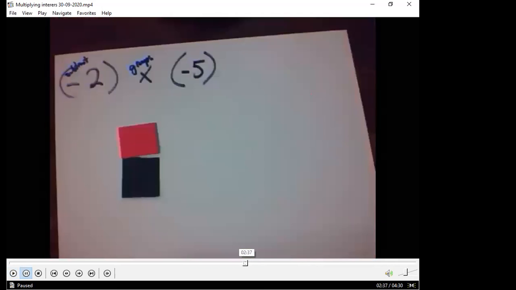As I said, once you have negative at the beginning, then you will use zero pair. In this one, how many groups do we have? 1, 2. In each group, we have negative 5, right? 1, 2, 3, 4, 5.